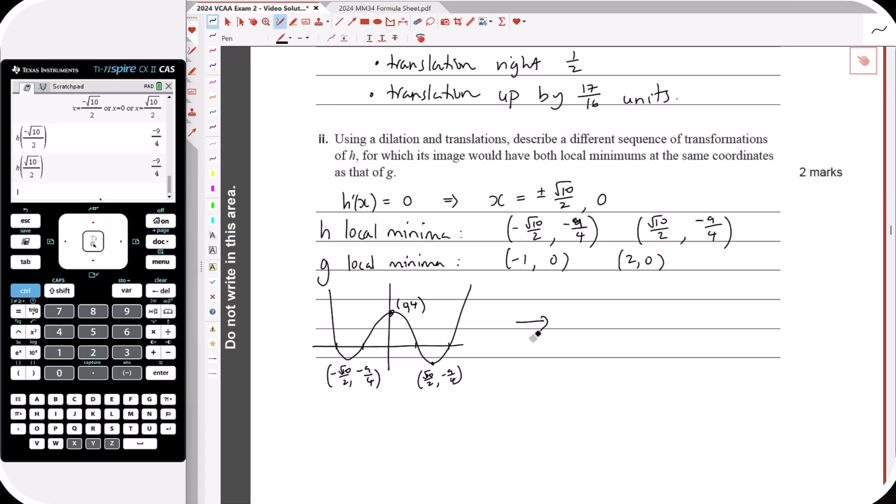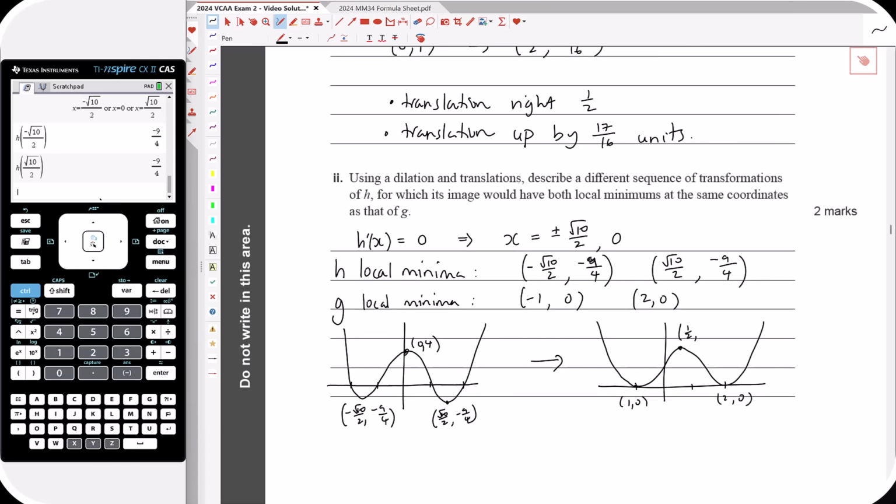And then we want to go to this graph. That's 2, 0 and negative 1, 0. And this was half, again, 81 on 16. Okay, so we want to use a dilation and translations. So this is to go from H, which is this one, to G, which is this one.